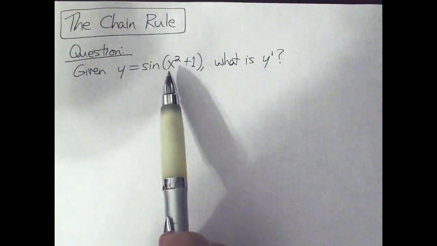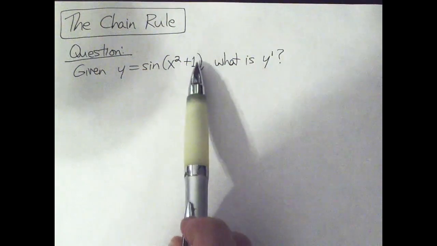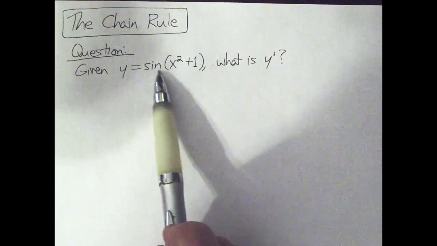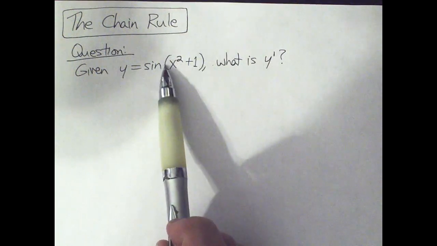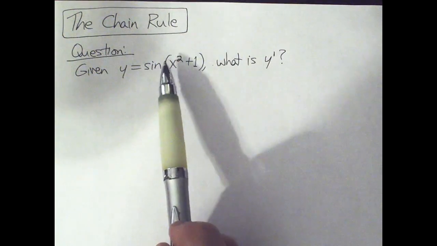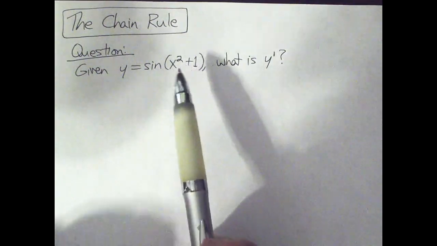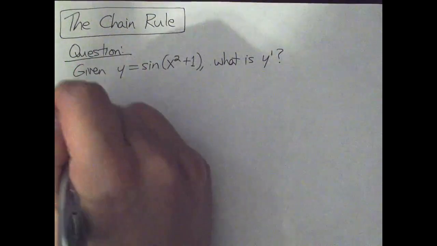By the way, I know how to do the derivative of x squared plus 1. So the thing that's in parentheses, we know the derivative of that. We know how to do the derivative of sine x, but this is not a product. It's not sine times this stuff. It's sine of this stuff. So let's talk about it.